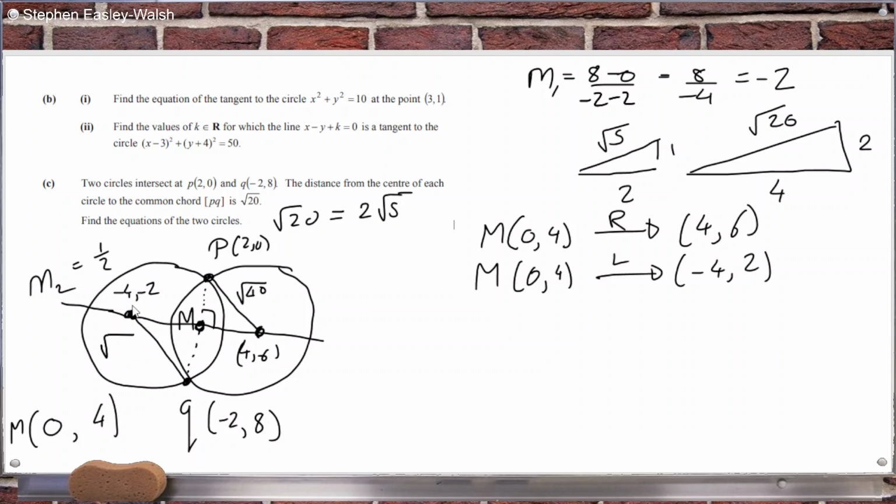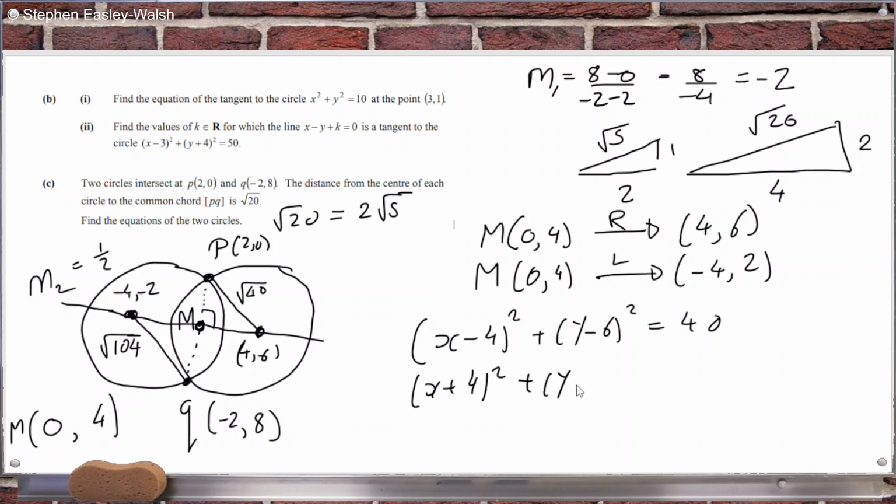So that would be root 2 squared is 4, no, that's much bigger actually. Two squared is 104? So, I don't know. (x minus 4) squared plus (y minus 6) squared equals 40. And then (x plus 4) squared plus (y minus 2) squared equals 104.